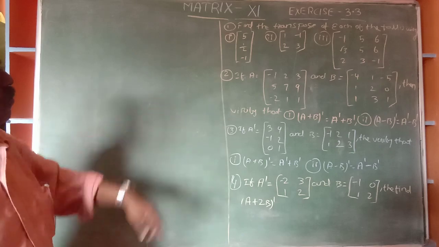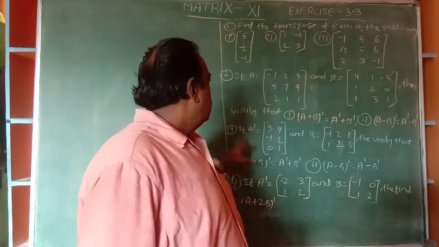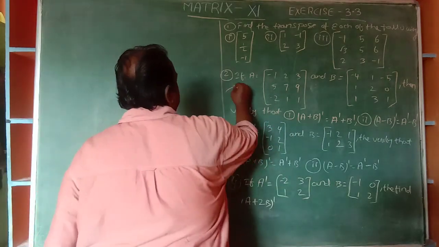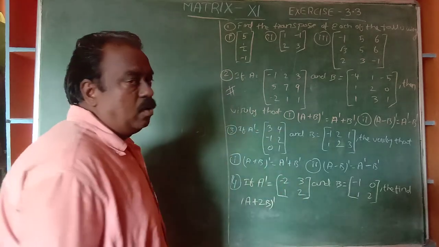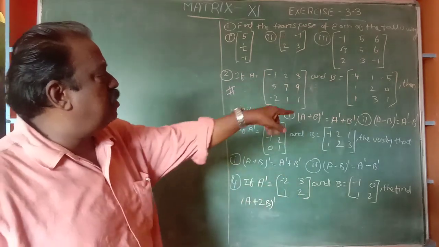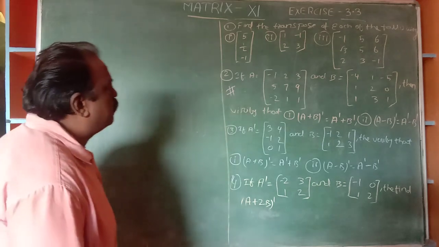The second problem. We are given two 3 by 3 matrices, A and B. Then we have to verify, and this type of question is important, that A plus B whole transpose is equal to A transpose plus B transpose. There also, A minus B whole transpose is equal to A transpose minus B transpose.